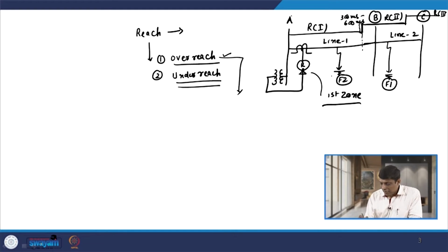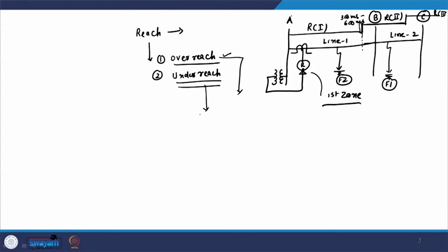But if relay R does not operate, or is not capable of sensing the fault at F2, then that is known as underreaching of the relay. Underreaching of the distance relay is defined as the tendency of a distance relay to remain in blocking condition or inoperative condition even though the fault is within its zone of protection.